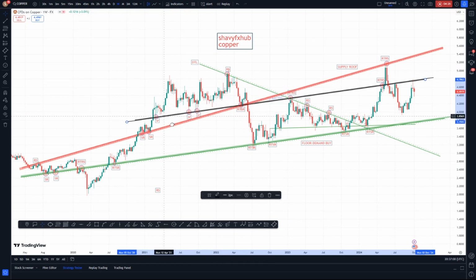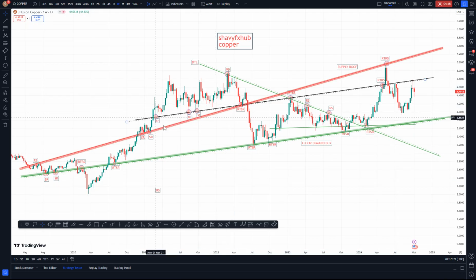Where there is buying, it shows there is demand. Where there is selling, it shows there is supply. Price returned here, bought, returned here, bought, returned here, bought, returned here, bought, break of the structure, returned here as retest, RT, a retest candle, and a new resistance becomes support on break of structure.